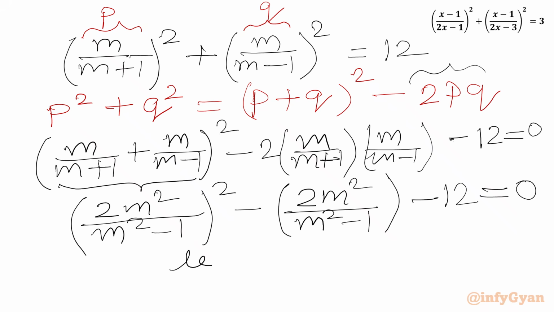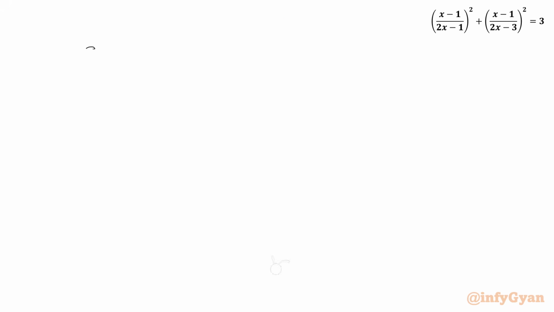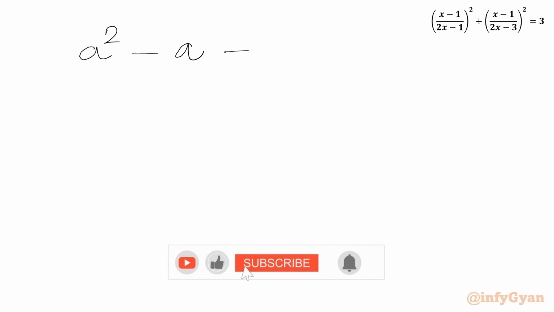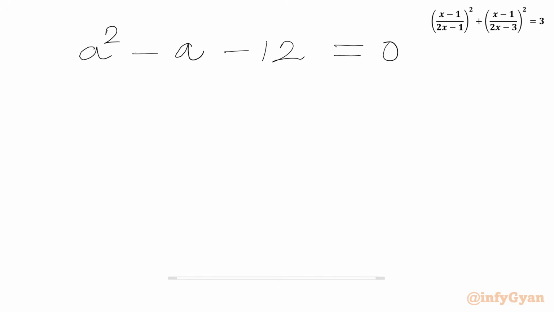So let us assume 2m square over m square minus 1 is equal to a. So I can write our equation in variable a: a square minus a minus 12 equal to 0.